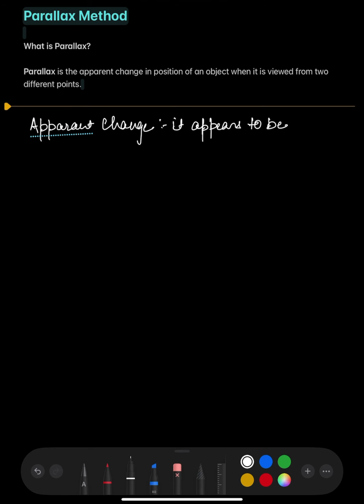Why? Because the background has changed. So it appears that the position of the object has changed, but actually it has not. It is still the same. That's why I have used the words apparent change in position of an object.